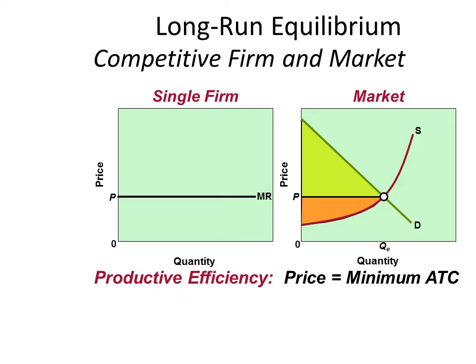The only thing you can control is your level of output, and look for ways to improve your efficiency by adopting the newest, best, most technologically advanced methodology of production. That is to say, produce the good using the least cost method of production. So, in a purely competitive market, we believe price equals minimum average total cost and therefore creates efficiency. We will see this on the graph momentarily.